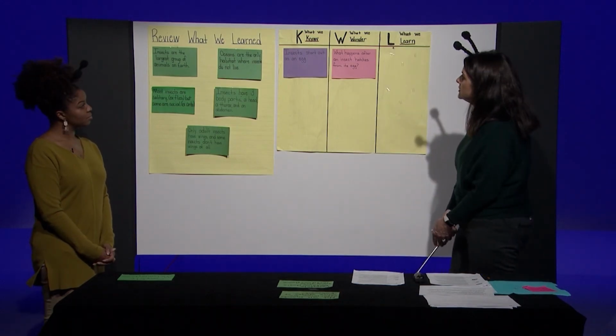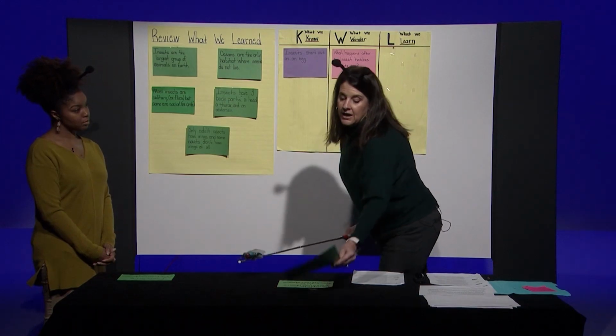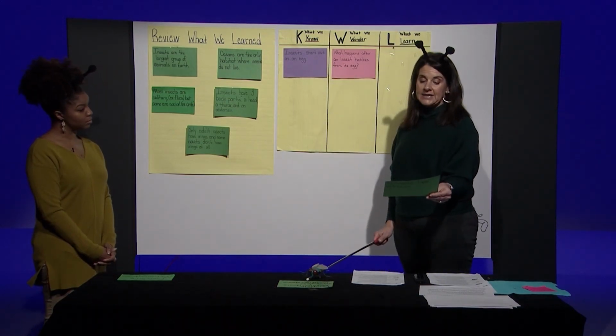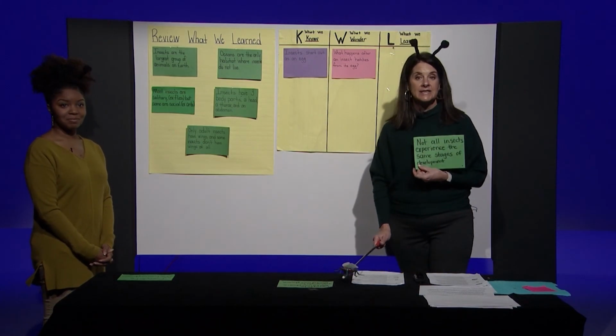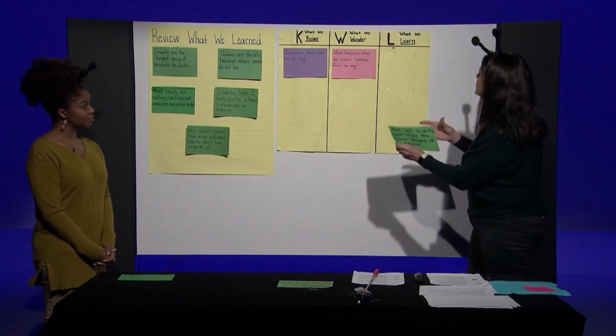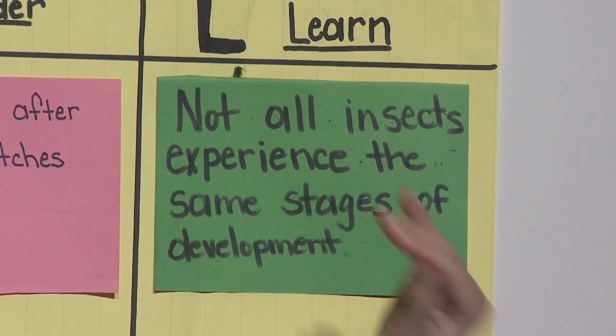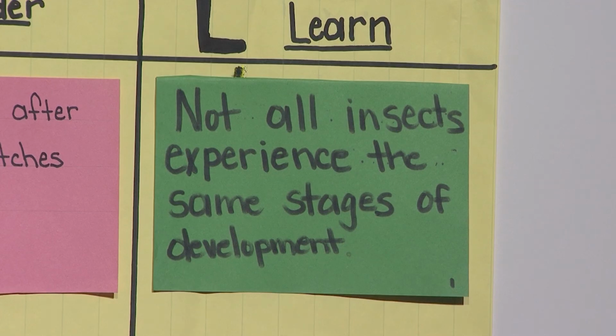We learned that not all insects experience the same stages of development. So we are going to add that to our L column of our KWL chart for what we have learned.